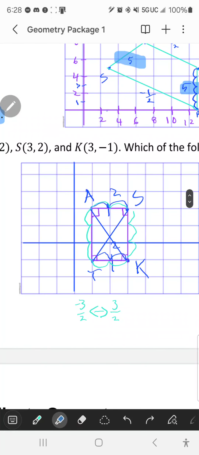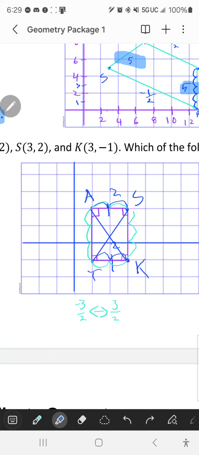In all rectangles, the diagonals are going to be equal. It also works for squares, since squares are also rectangles. But the properties for rectangles are that the opposite sides are equal and parallel, and the four angles are right angles.